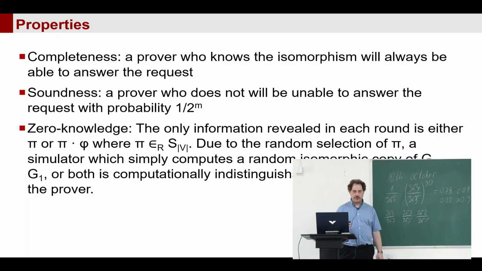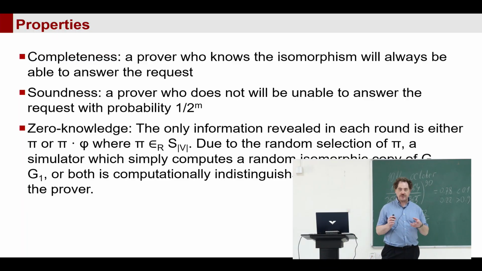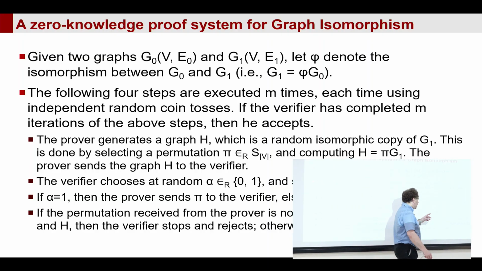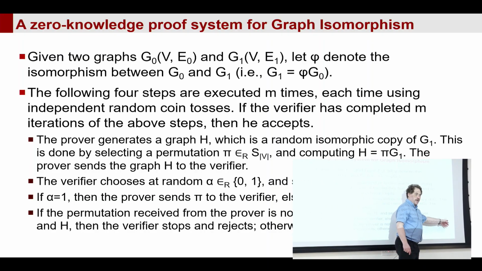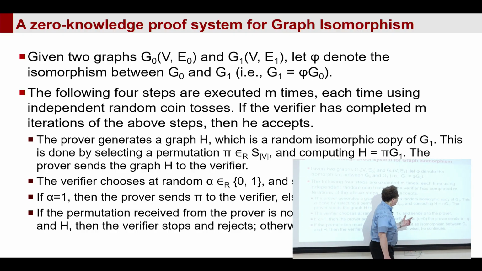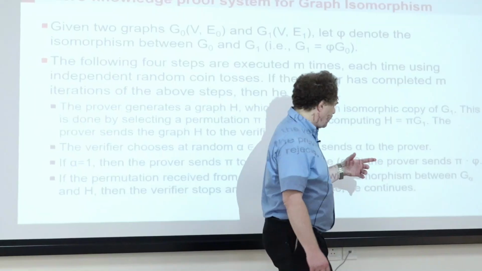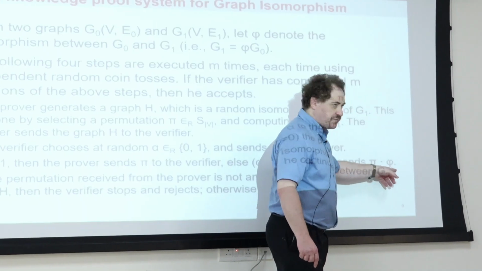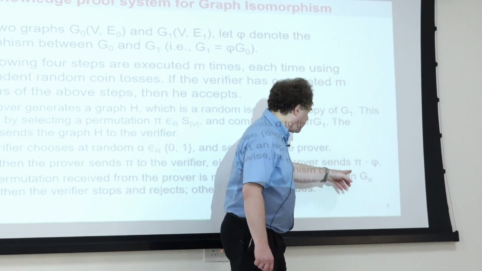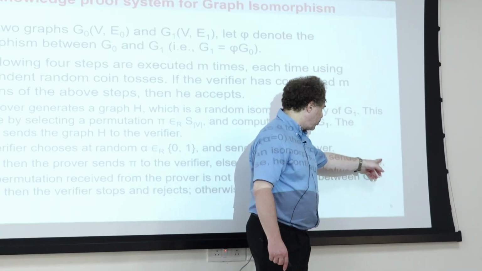Zero knowledge. It's also interesting to see that the whole scheme does not disclose phi. It only discloses pi times phi, and the verifier doesn't get pi. It only gets pi times phi. So from pi times phi, because we don't know pi, it's not possible to restore phi.